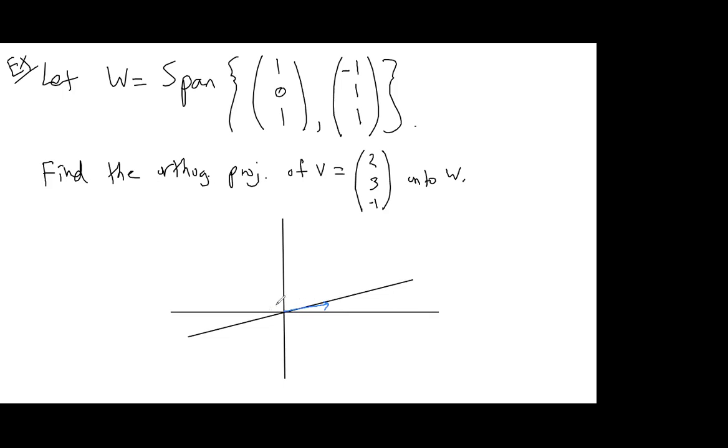Maybe negative 1, 1, 1 looks like that. So it's some tilted plane. Here's W, kind of tilted a little bit. And then you have vector V, which kind of just goes like that. So it's underneath the plane. Okay, did someone get an answer?